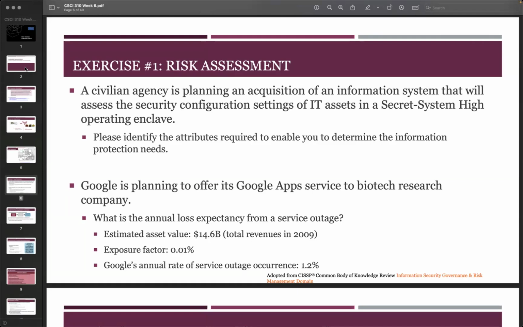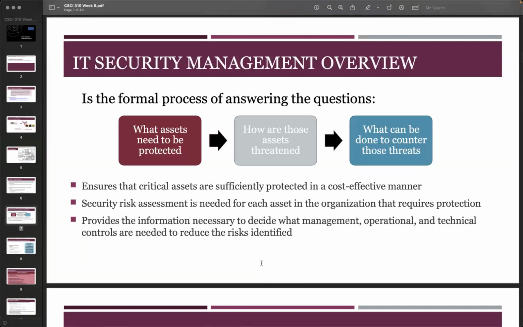So something like this, then we need to know what kind of attributes are required. Maybe that's what we learned for the files themselves, and also the user. So how can we determine all this? Also here's the news about a Google Apps service for a biotech research company. They will lose a lot, just as an example.